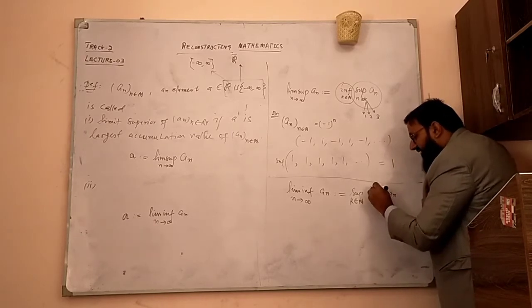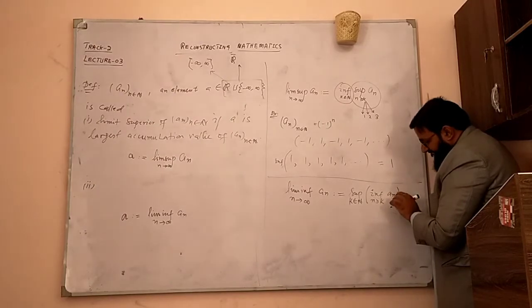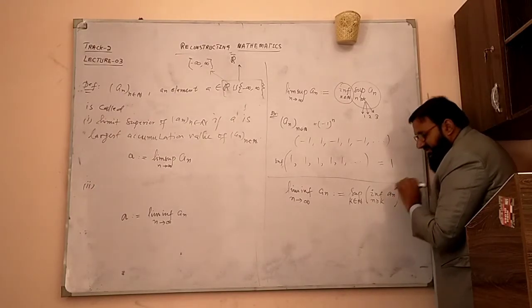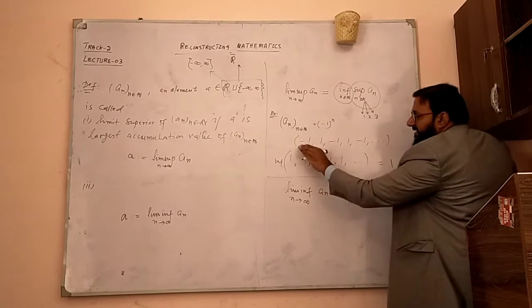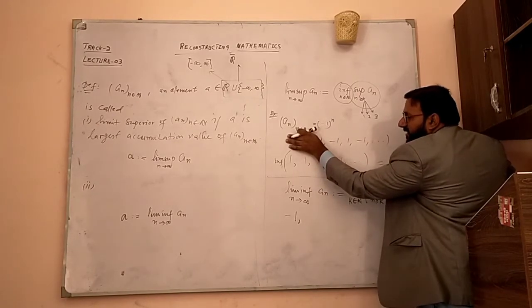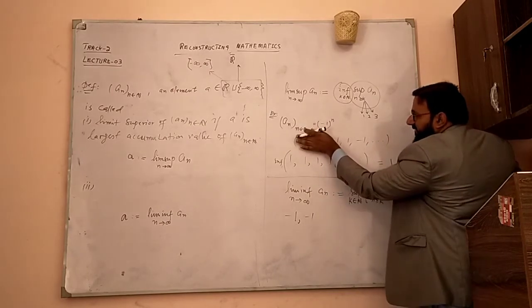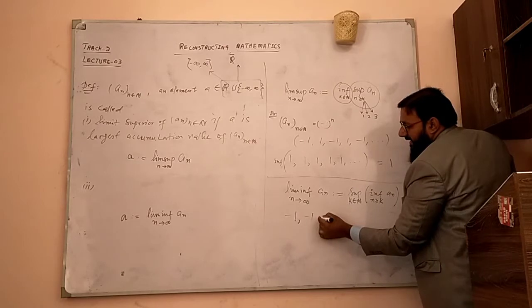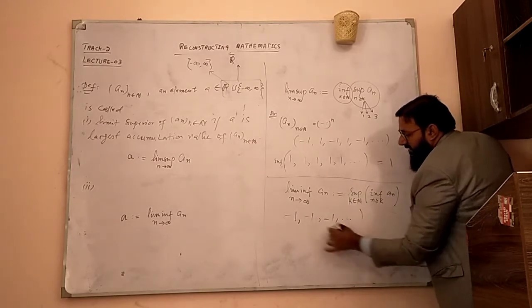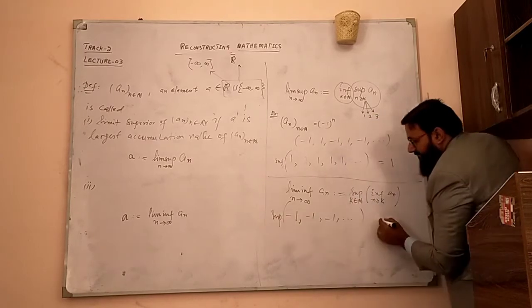Now what you do? You evaluate this thing first. Infimum of your sequence when n is greater than or equal to k. So what is the infimum here? -1. Now you delete the first one. What is the infimum now? -1. What is the infimum now? Again -1, and so on. Now, of all these infimums, you find the supremum.